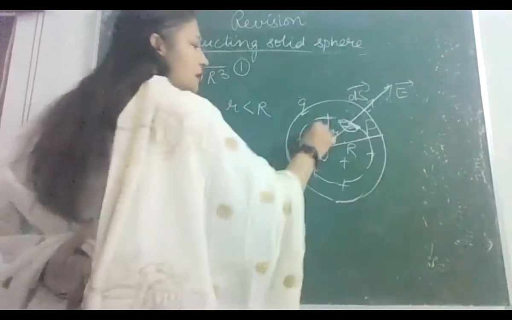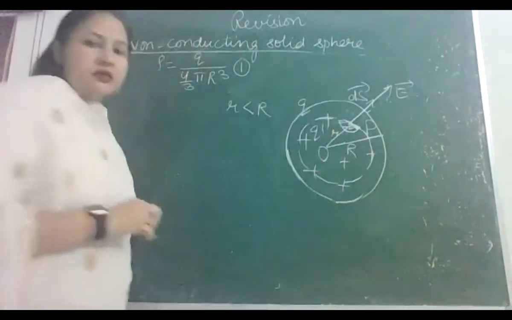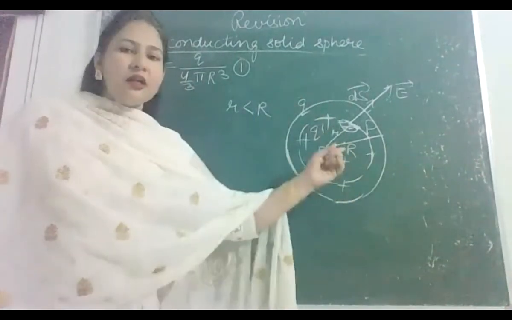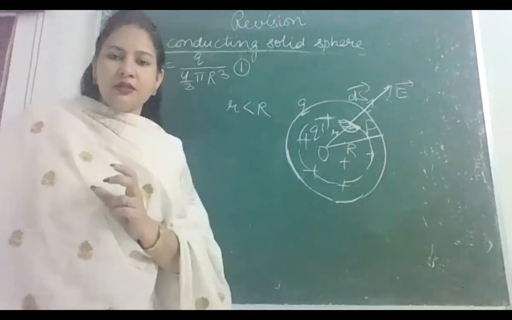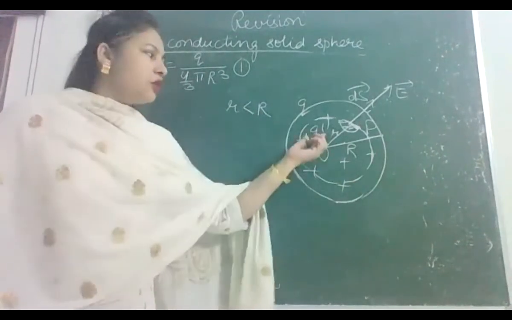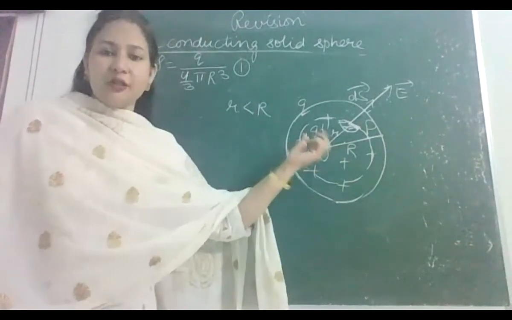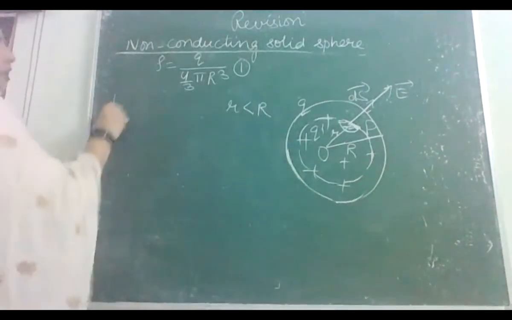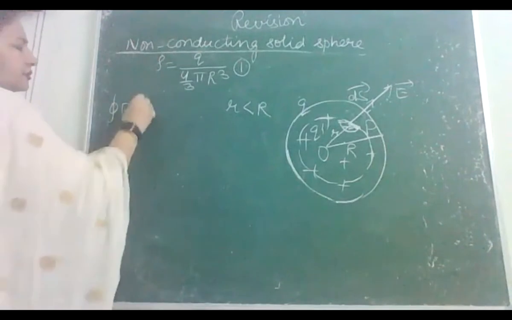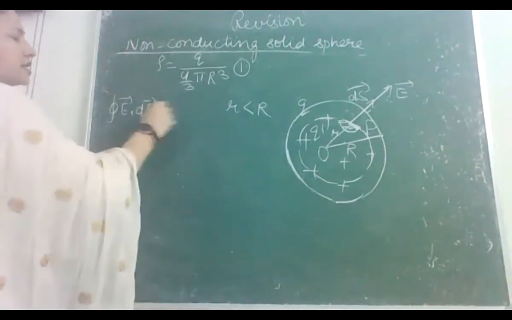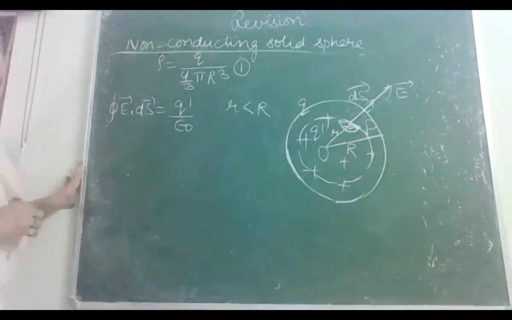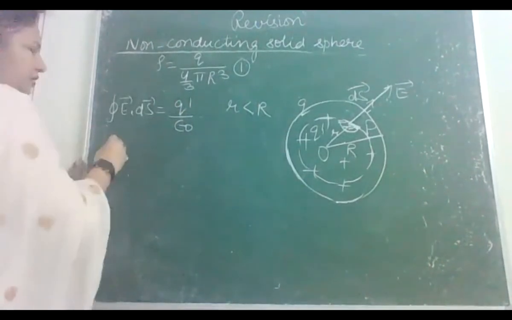And the charge enclosed by it is also different. ठीक है, पूरे sphere का charge ज्यादा है, ये उसका एक part है, तो charge is also small. So charge enclosed by the Gaussian sphere is q dash. So let us apply Gauss's theorem to the Gaussian sphere. So the integral of E dot dS is q dash by epsilon naught.